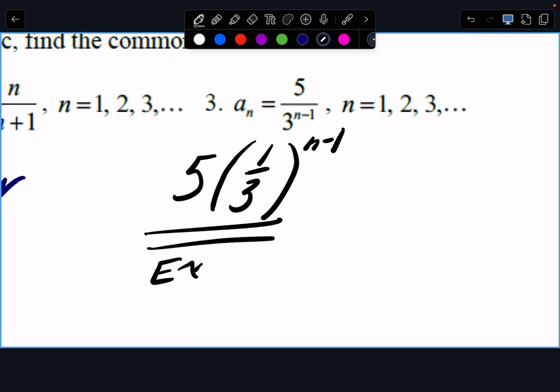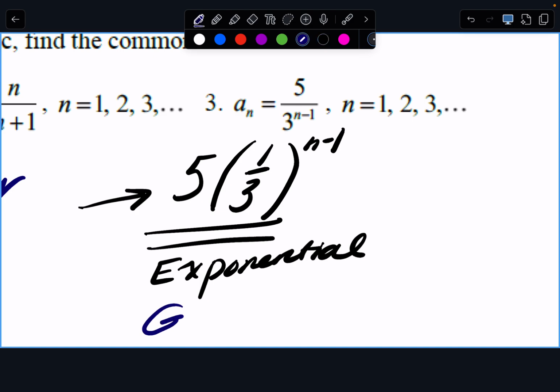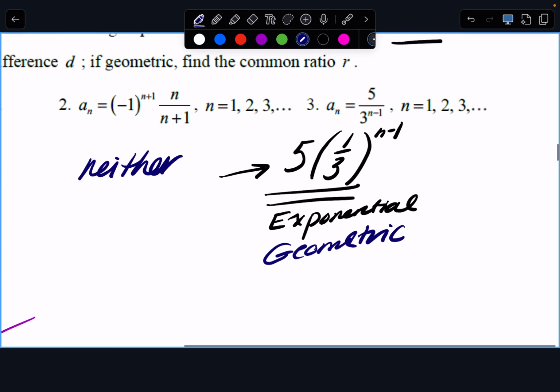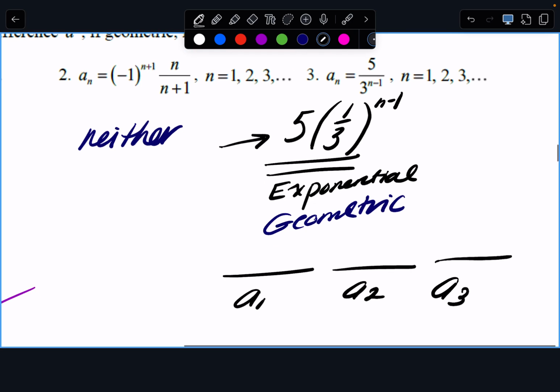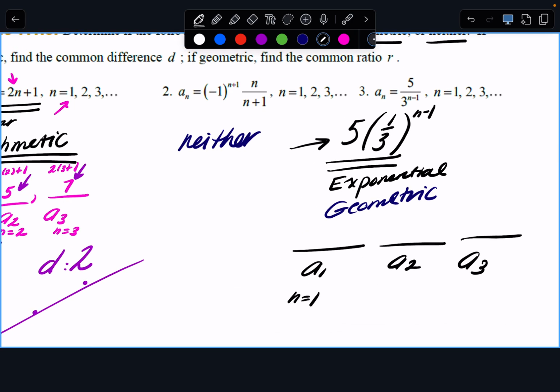So you would say this is, I think they'll write it like this on the test, by the way, exponential. Exponentials are geometric. Then we're going to write out a sub 1, a sub 2, a sub 3. So this would be n equals 1.